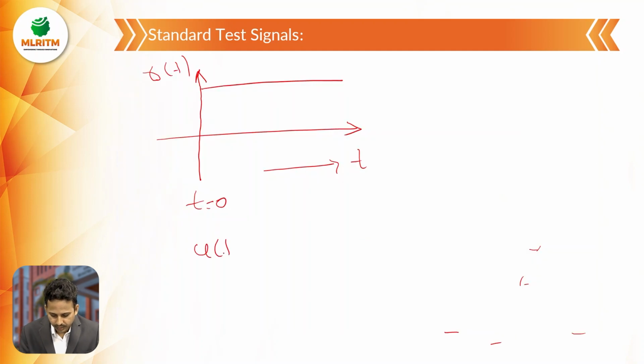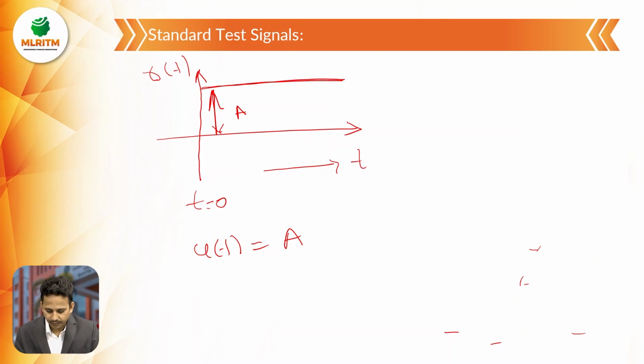So u of t is equal to A. This is the height of the signal, also called the magnitude. So this is a DC signal or a step signal.